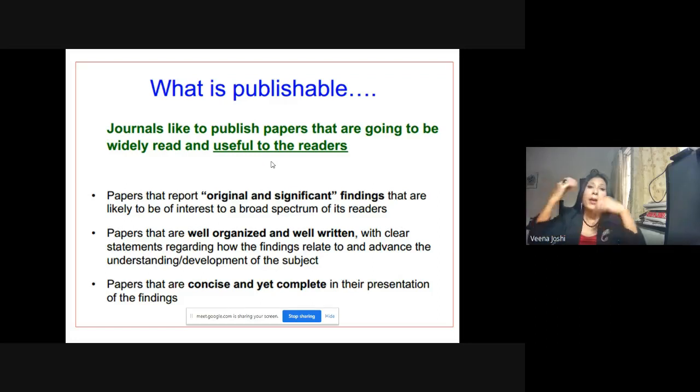Depending on how useful the journal is, publishing and having the whole world never see it has no use. So: original and significant finding, very well organized and well written, concise but complete, not very long and rambling.